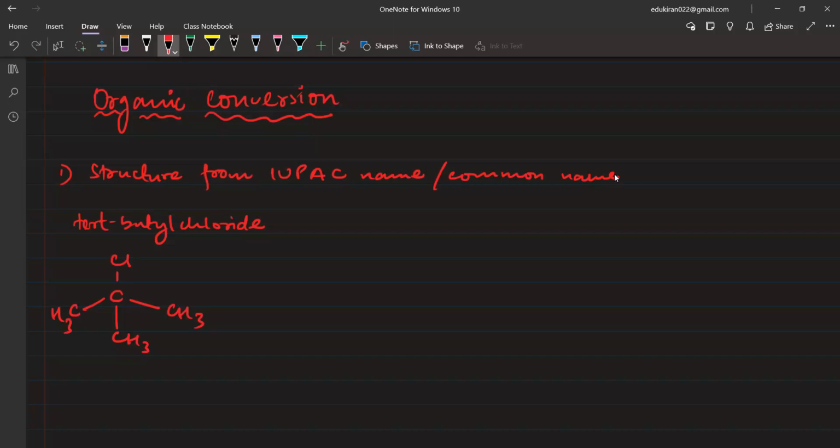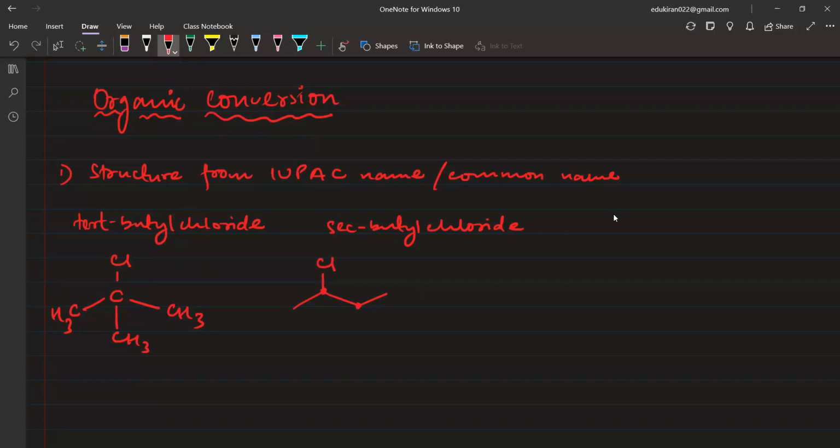So from 4 carbon you have to make a carbon which is going to be tertiary, and on that tertiary carbon you have to attach chlorine. Similarly, you can have secondary butyl chloride. For this you write 4 carbon atoms, and the carbon atom which is 2 degree, this carbon or this carbon, anywhere you attach chlorine. So this is secondary butyl chloride.